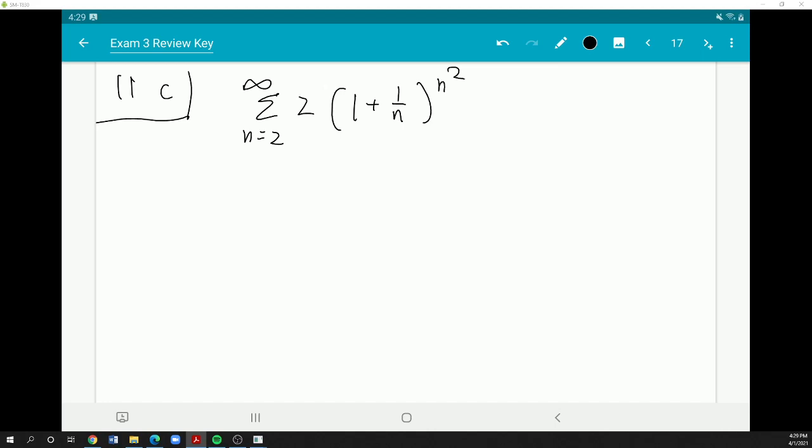N goes to infinity, 1 plus 1 over n to the n squared. And I go, I don't know what that goes to. But actually, it is pretty quick to see this would diverge, because if I got rid of this, the thing on the inside would be going to 1. The n squared is going to keep it 1, so this diverges.